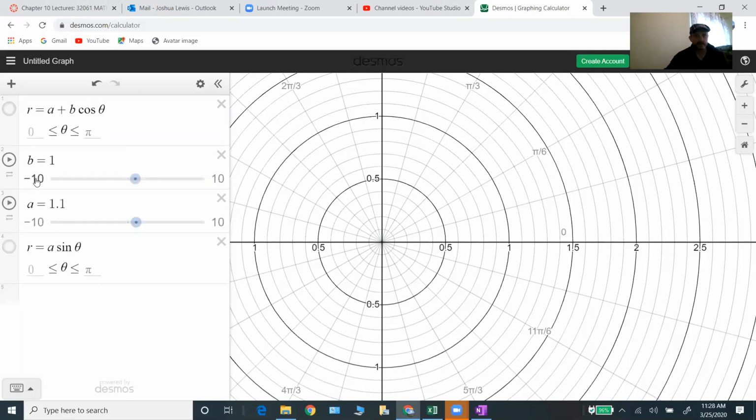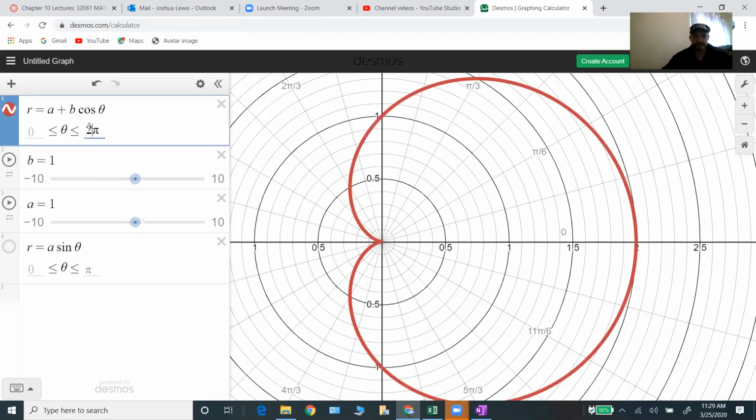and we can go 0 to pi. And let's see what happens here. So right now, a and b are equal, and we get this.